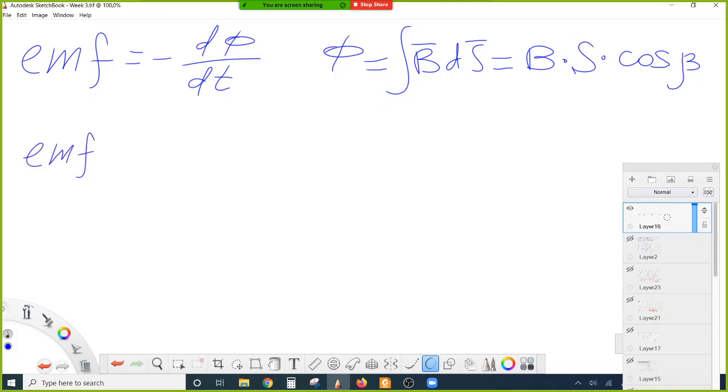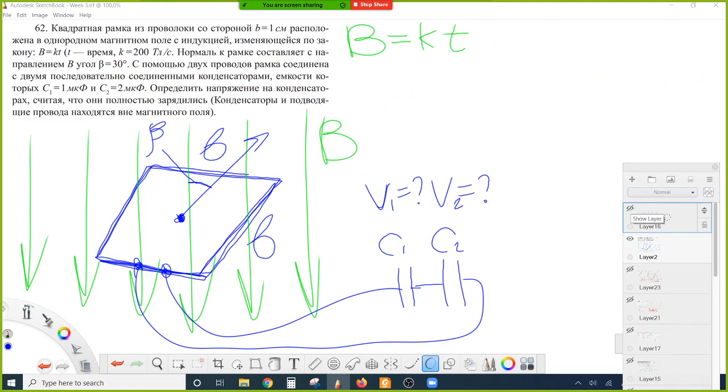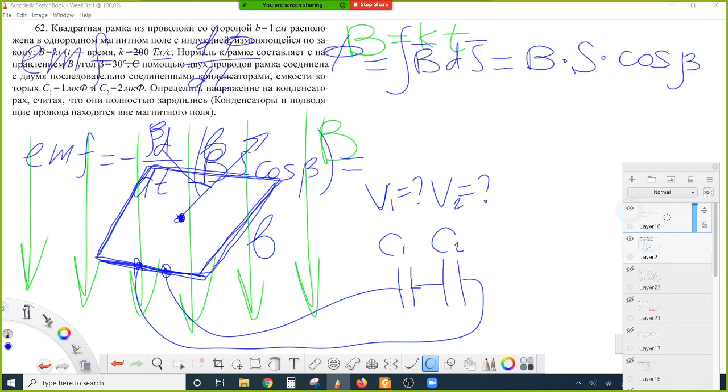If we write, the electromotive force will be equal to minus d over dt of B S cosine beta, where B is equal to k multiplied by t.